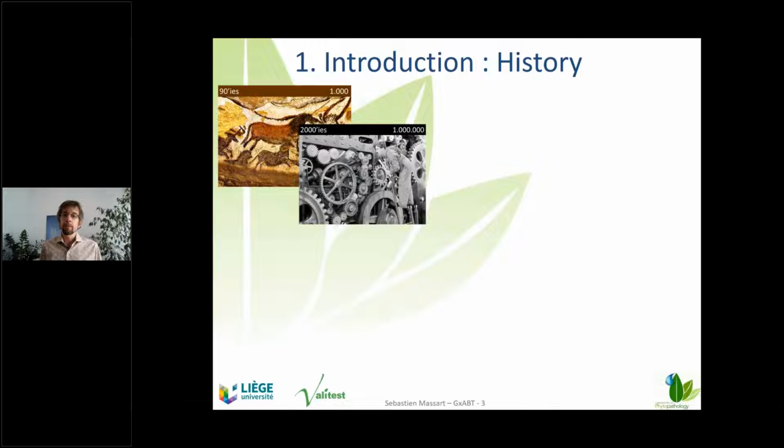Later on, at the end of the 90s decade, there was the first industrialization, let's say. I can see here the Modern Times of Charlie Chaplin. Sequencing started a big development, and we were able at that time to sequence 1 million bases a day, already a nice improvement.